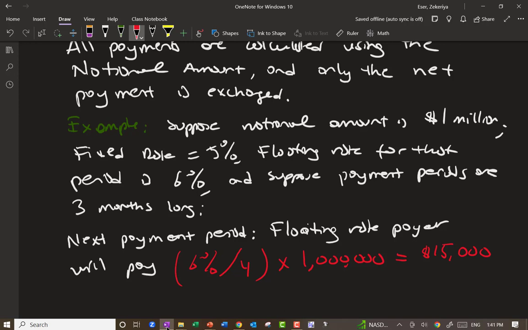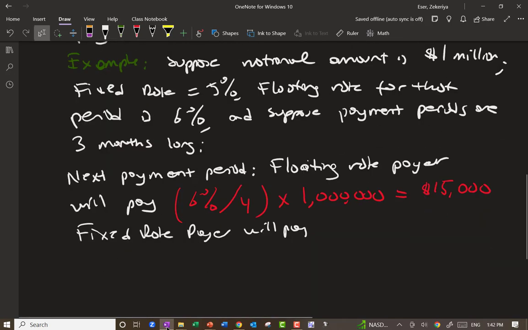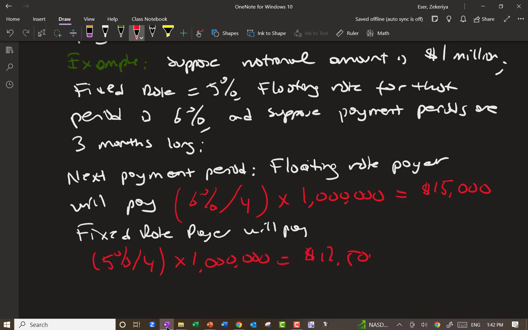Okay, and fixed rate payers will pay 5% divided by 4 times 1 million, which is 12.5.